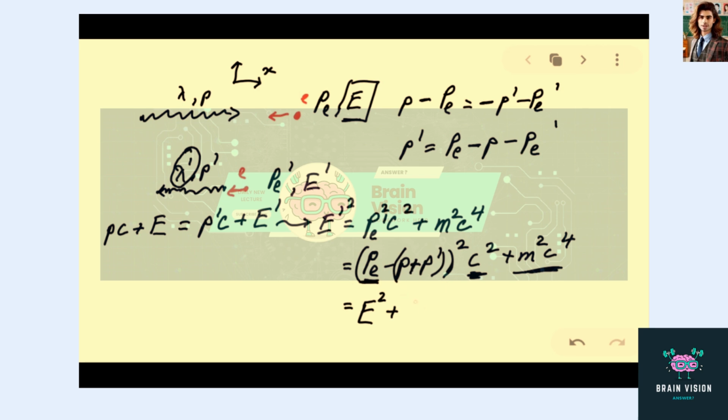What we'll get is 2 times PE, forgetting the C squares. And now we're going to substitute that into this expression.